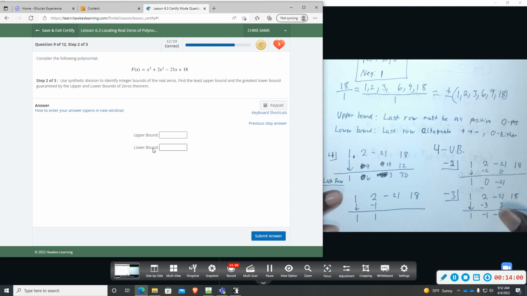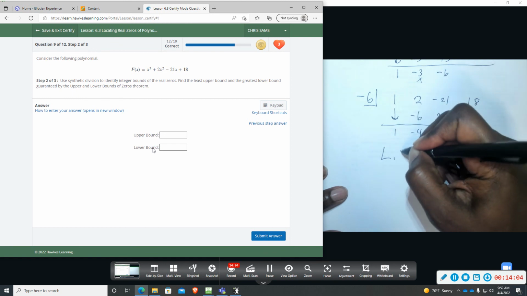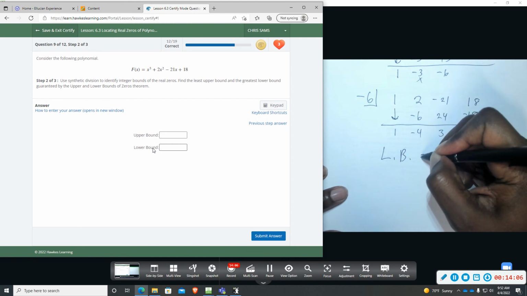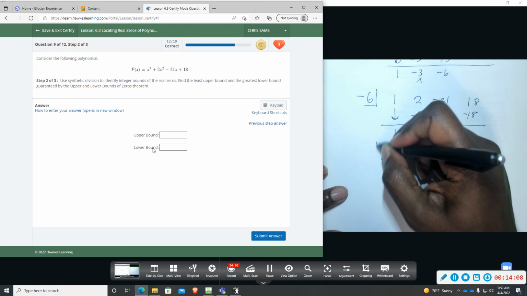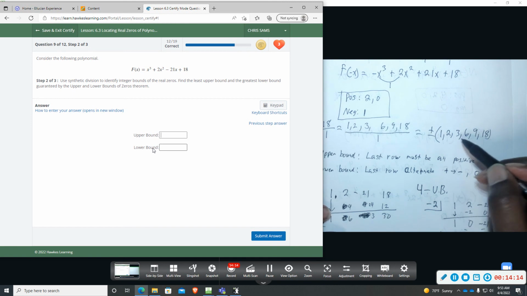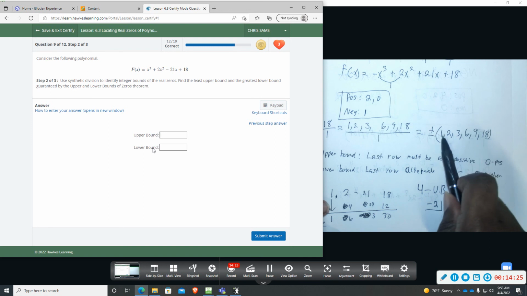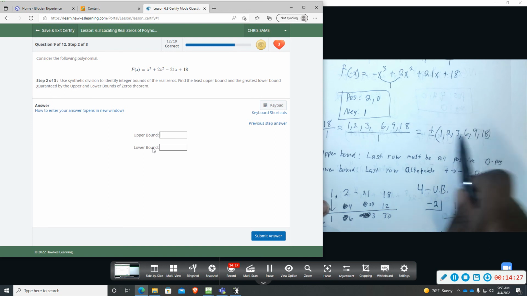So our lower bound is negative 6. Now what this means is that out of all of these negative numbers, so negative 1, negative 2, negative 3, negative 6, negative 9, negative 18, I don't have to go past negative 6. So that means if there is a negative zero, it's going to be 1, 2, 3, or 6, something in this range.